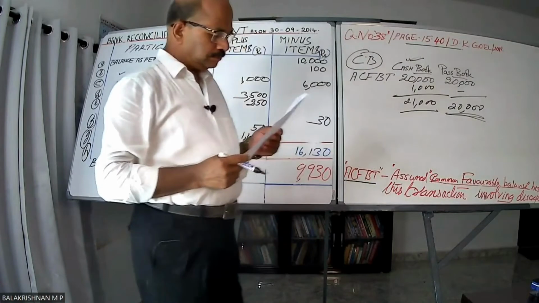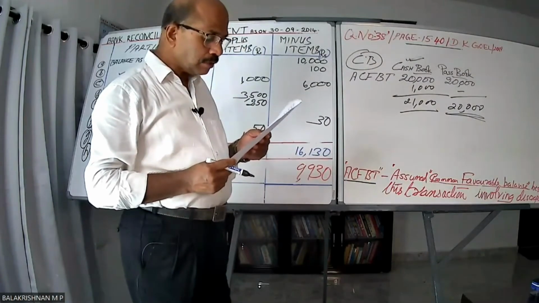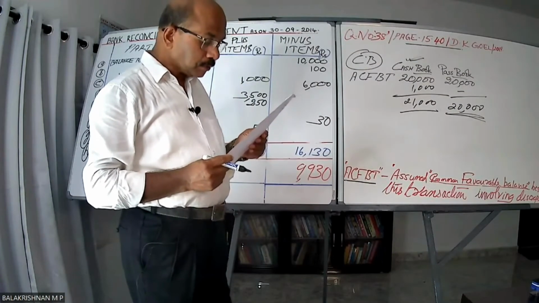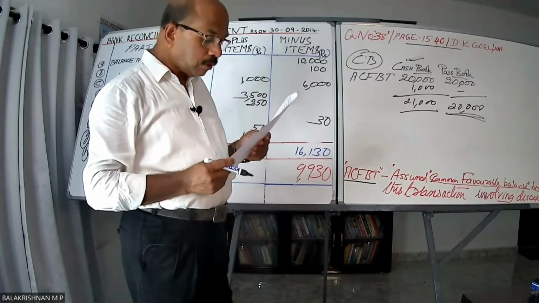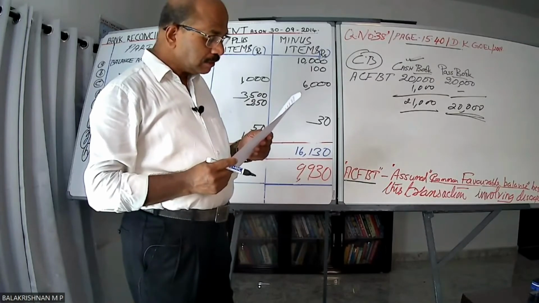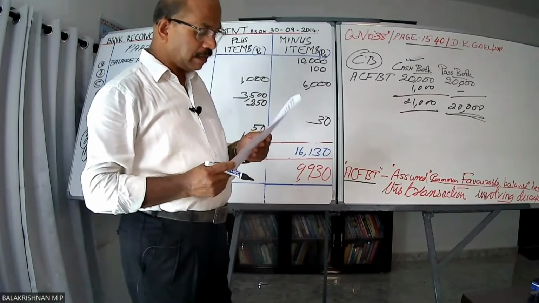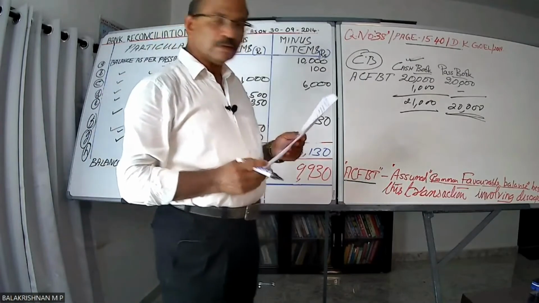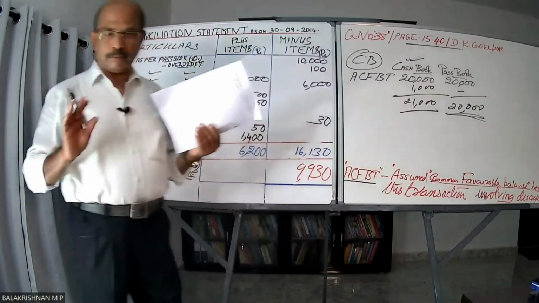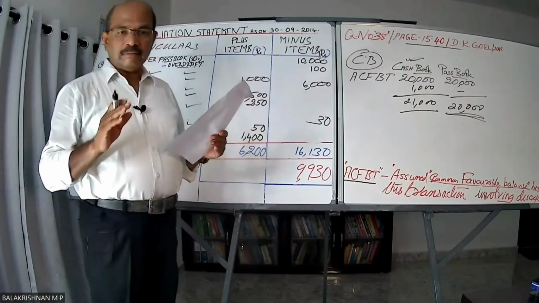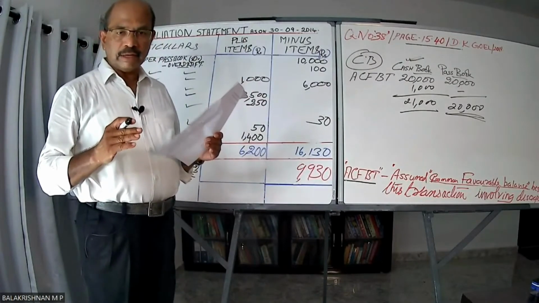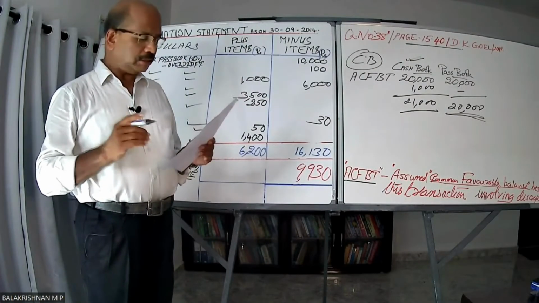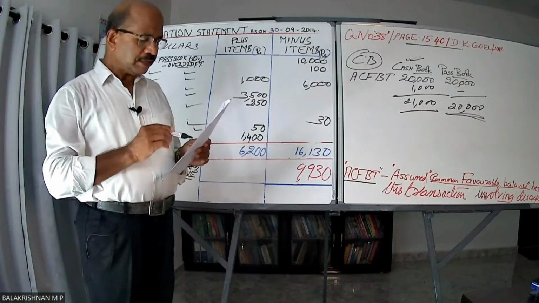Now next, several checks were drawn in the last week of September, totaling rupees 15,000. Of these, checks totaling only rupees 9,000 were cashed before 30th September. Cashed means no problem. Not cashed is what matters: 15,000 minus 9,000.